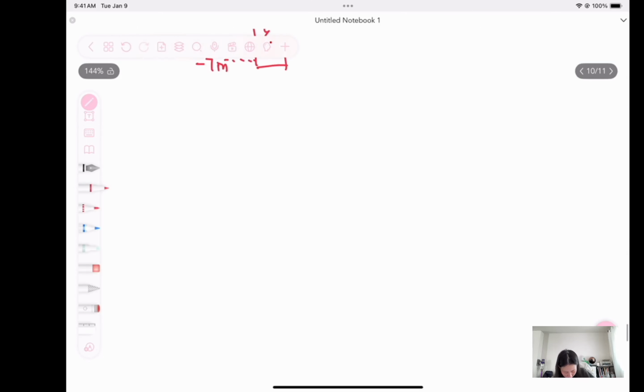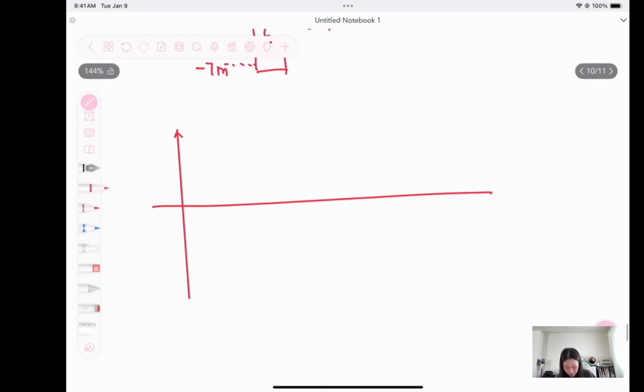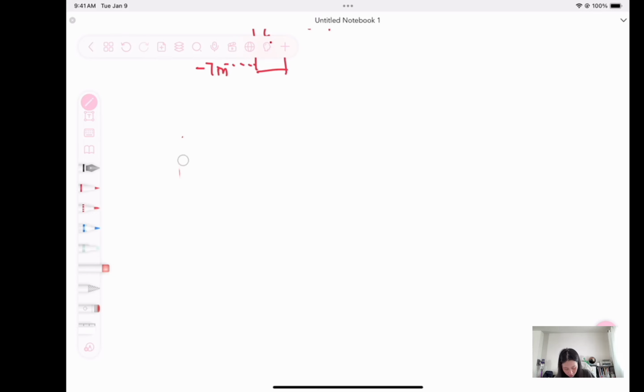Now let's draw this. If we're graphing this, usually we just graph it in one period, that means before it repeats. Hold on, let me draw a better one.